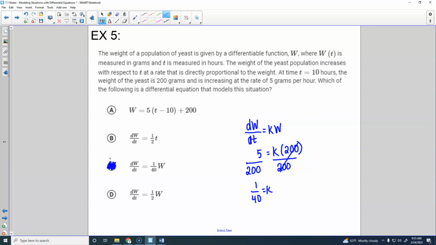That is correct. So your differential equation dW/dt, the rate that the weight is changing, is directly proportional to the weight. So K times W. So when the weight is 200, the rate is 5. 10 is extra. You don't use it. Divide by 200, you get 1/40. Questions on that? We'll probably work on the next one too.